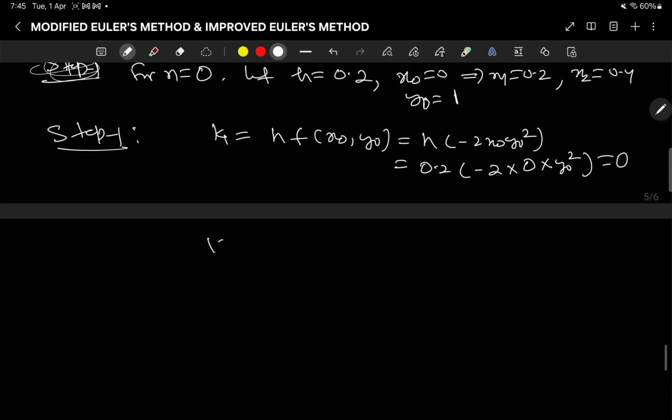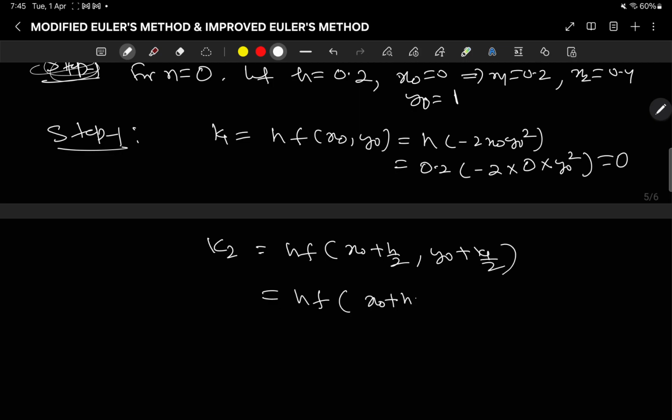Now my k2 is equal to h f(x0 + h/2, y0 + k1/2). So this is equal to h into minus 2 into (x0 + h/2), where x0 is 0, into y0², since k1 is 0.